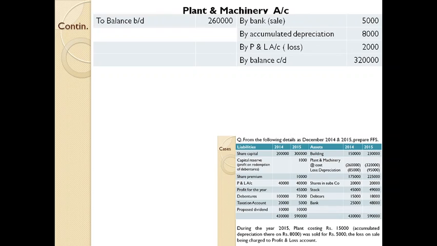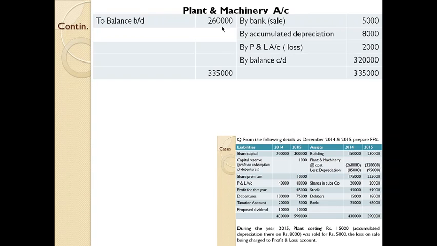So there are no other items that can be recorded in this account, and in the preliminary analysis you can see that these two sides do not tally or get equal. So it means there is a difference of a certain amount on the left hand side, because if you take the total of the right hand side, the amount is higher than the left hand side. Here you will get 3,35,000, but here you have only 2,60,000.